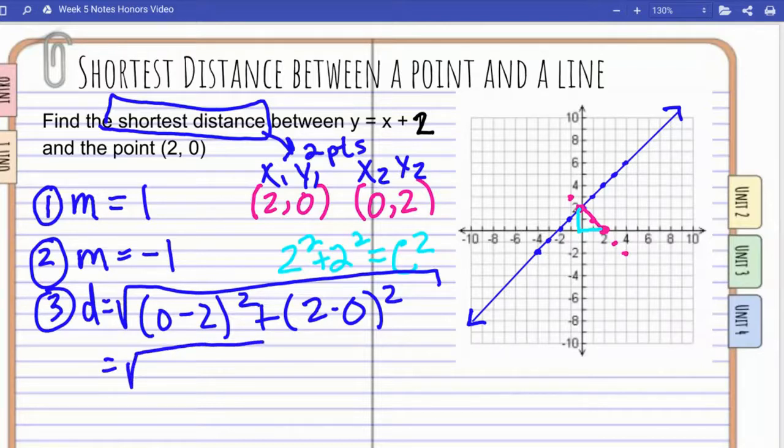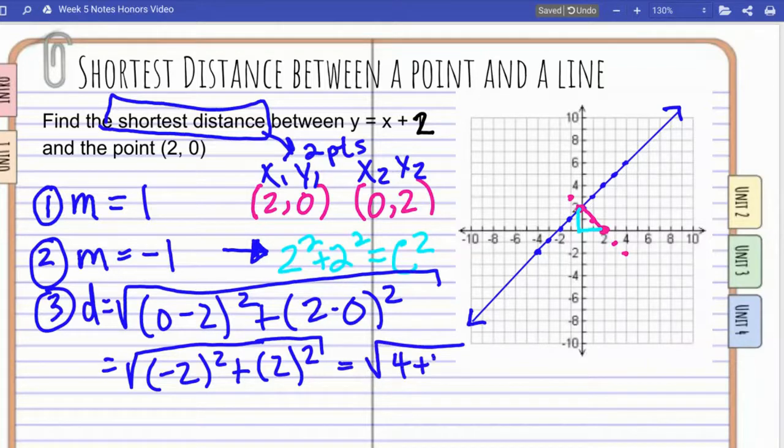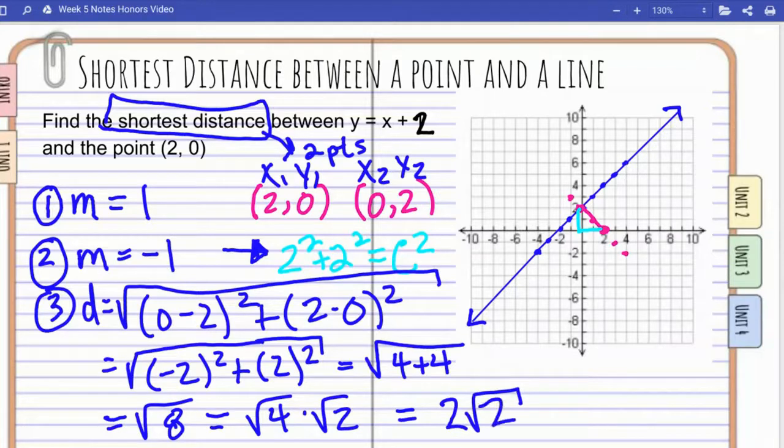So we end up with negative 2 squared plus 2 squared, which is basically what we got using the Pythagorean theorem. This is the square root of 4 plus 4, which is the square root of 8, and we need to reduce this. The square root of 8 is equal to the square root of 4 times the square root of 2. So the distance between those 2 points is 2 square roots of 2.